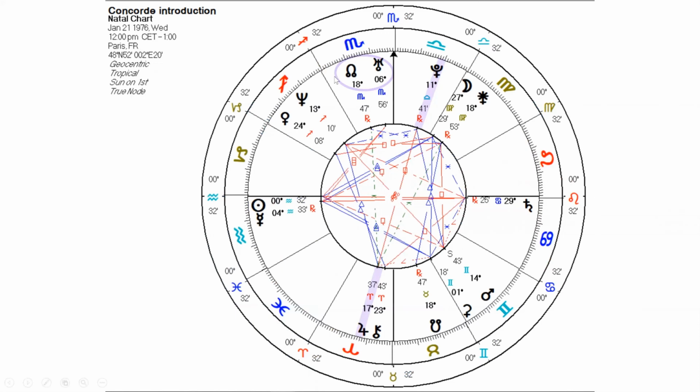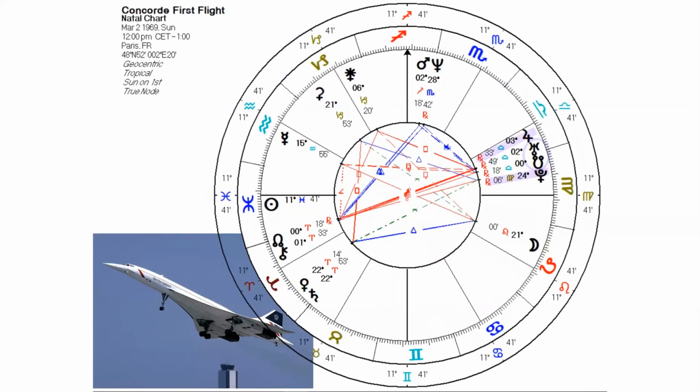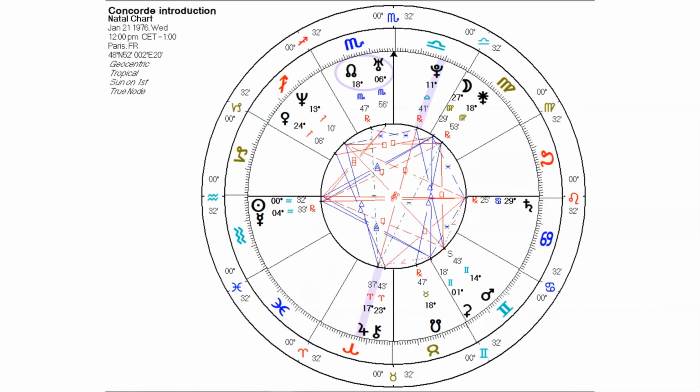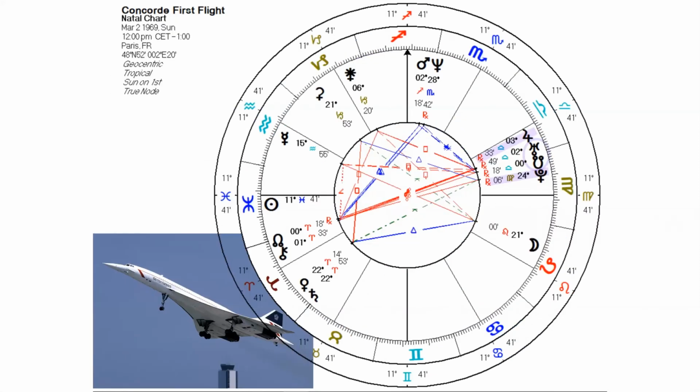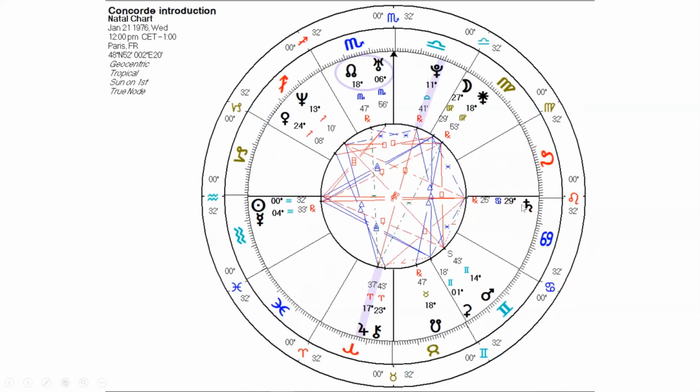Interestingly, Uranus is also close to the North Node. What is also interesting, because it's a 7-year cycle, it's also a Saturn cycle. Saturn was squaring itself here in Aries when the first test flight, and then in Cancer, the first square in Cancer.